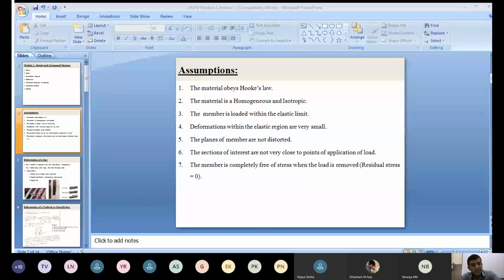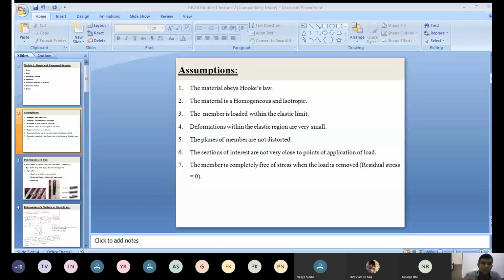Similarly, whatever engineering materials we use for a machine element or a mechanical structure, if the chemical composition of that material remains the same, then it is said the material is homogeneous. Second one is isotropy. Again, iso means same, and tropic means property, the same property. If you consider all directions, the mechanical property remains the same. It does not change from place to place.